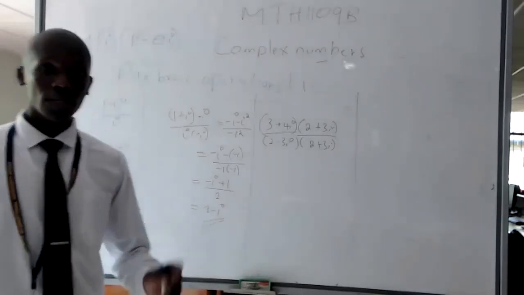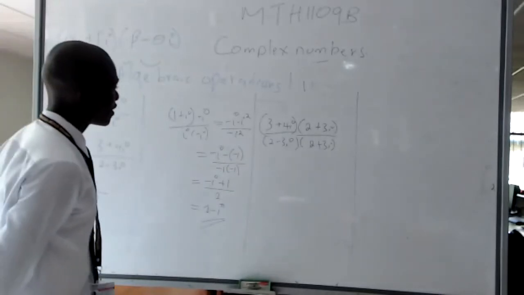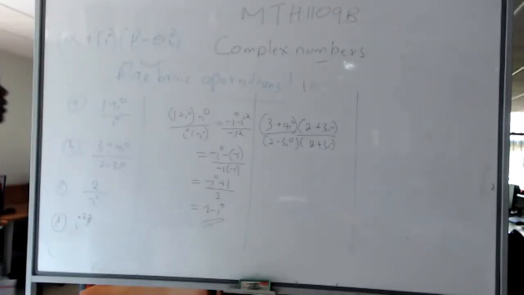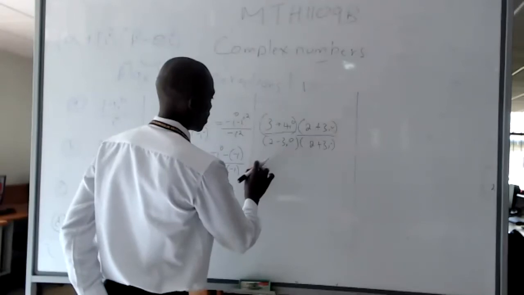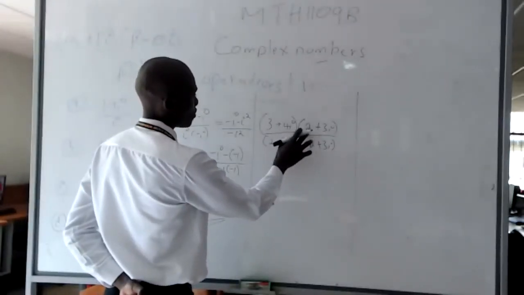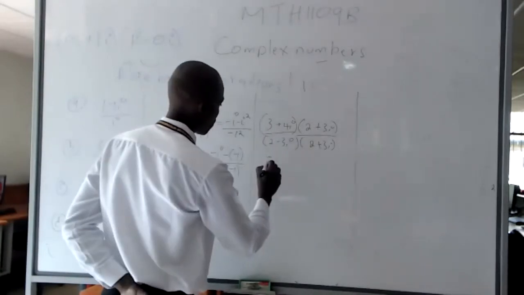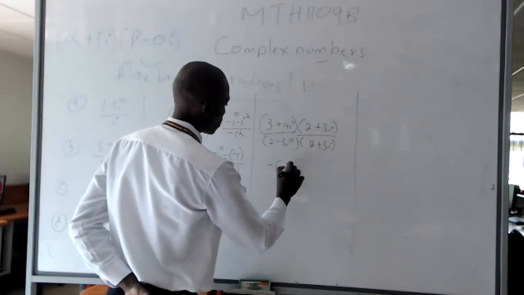Hello, are we together? Am I going too fast? So we've done multiplication, so we know the real part. I will take 3 times 2 minus 4 times 3, so that is 6 minus 12. That gives you minus 6.